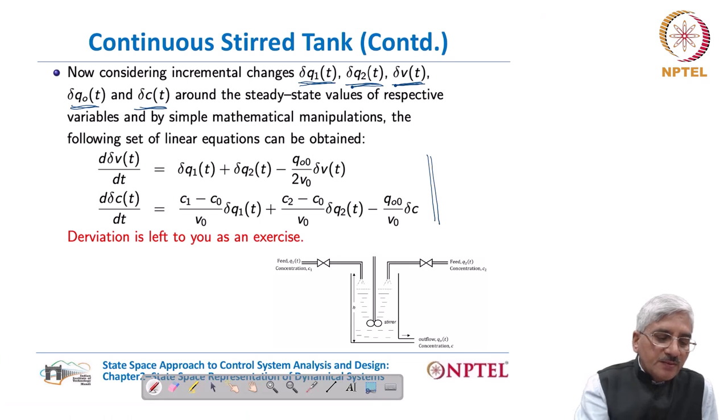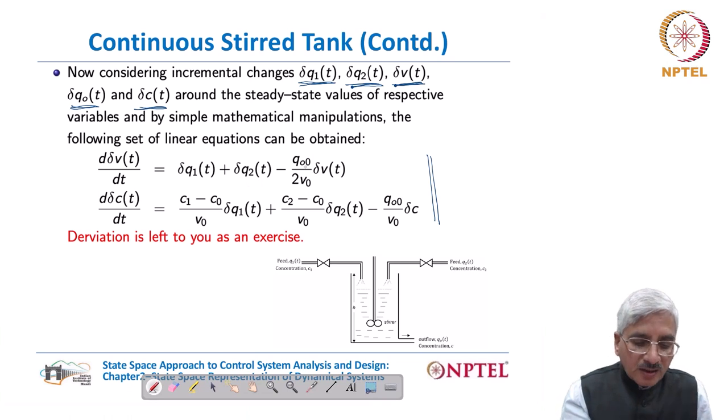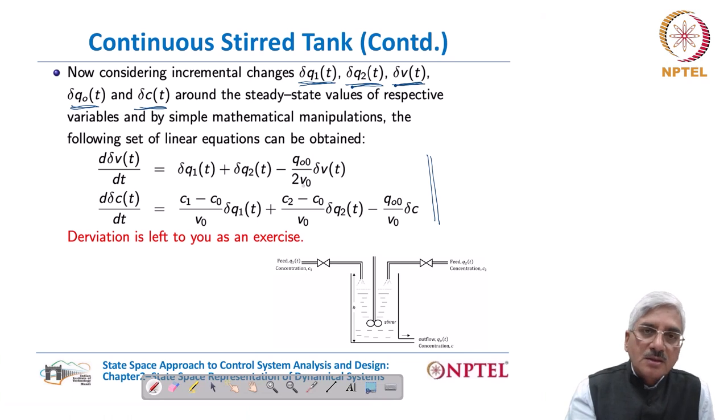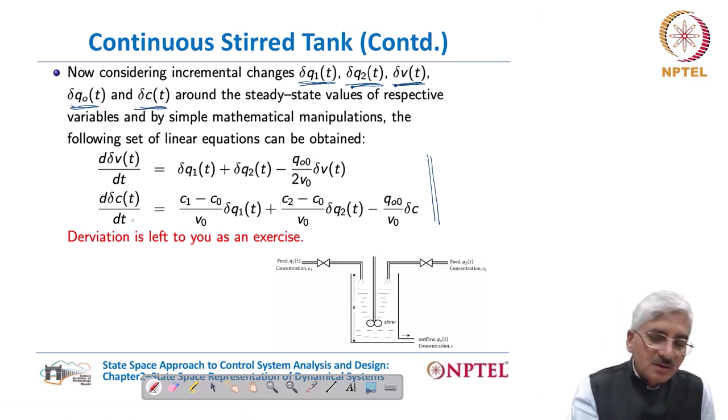The first one will give d/dt of the incremental change in liquid volume equal to the incremental change in feed flow 1 plus the incremental change in feed flow 2 minus the incremental change in outflow, which is the incremental change in liquid volume in the tank divided by 2 V0, the steady state liquid volume. The second equation will give this.